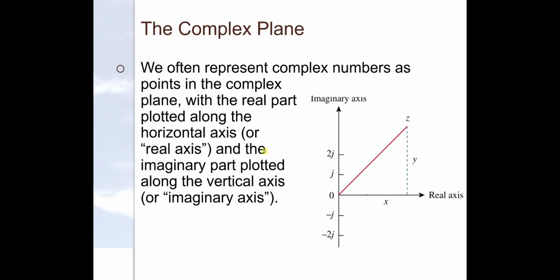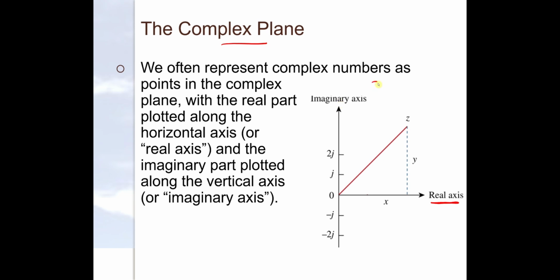This representation can be plotted in the complex plane, which is similar to the real number line, but here, since we have two pieces of information, a real part and an imaginary part, the complex plane is 2D, where on the horizontal axis we have the real part, and on the vertical axis we have the imaginary part.